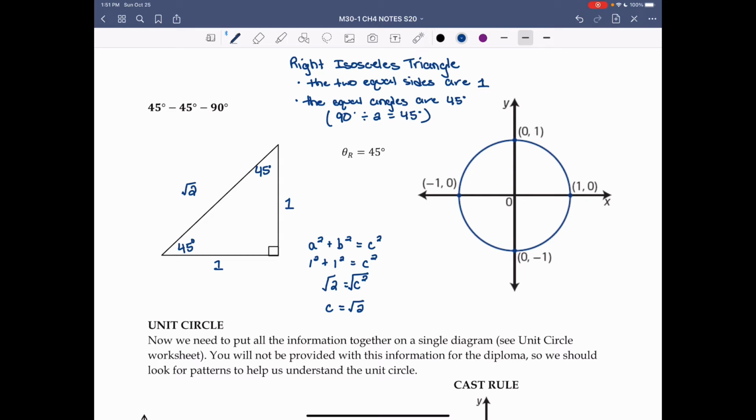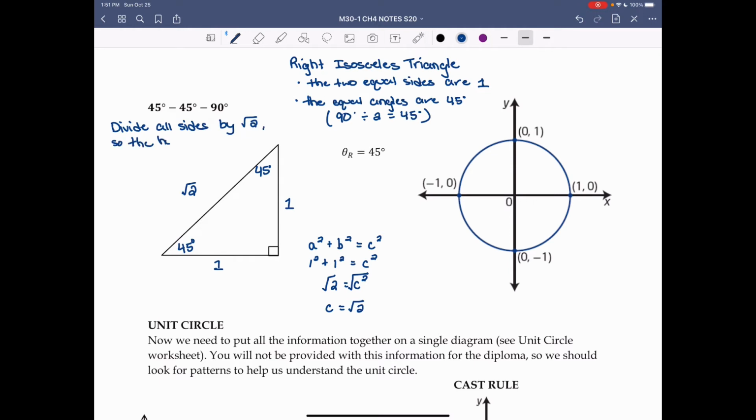So that's the 45, 45, 90 triangle that we learned about in Math 20-1. Now we're going to modify it for use with the unit circle. We want the hypotenuse, again, to be 1. So we would need to divide all sides by square root 2.